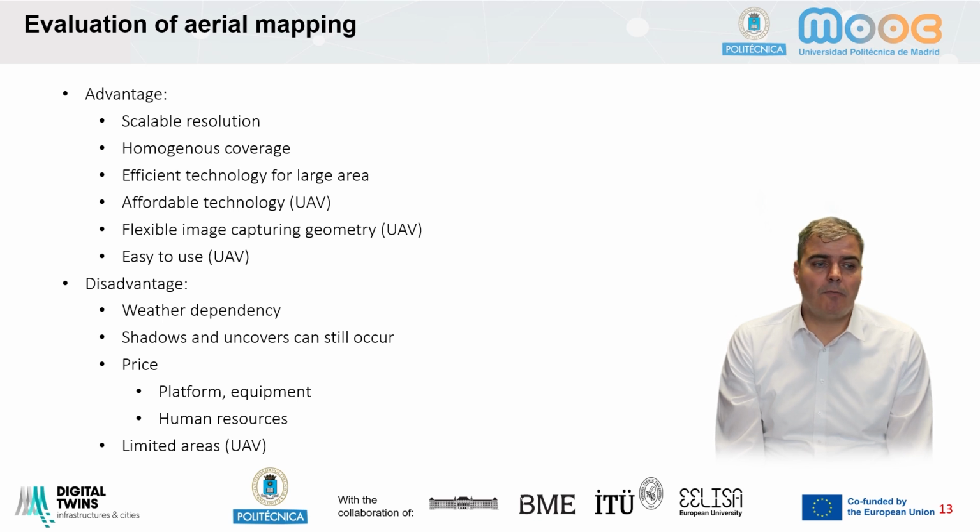The flying hours are very expensive, the equipment is very expensive, and human resources are very expensive, because there are a limited number of experts able to fly and capture photogrammetric images. And in case of drone imagery, it can be applied only for limited areas. It depends on the battery life.